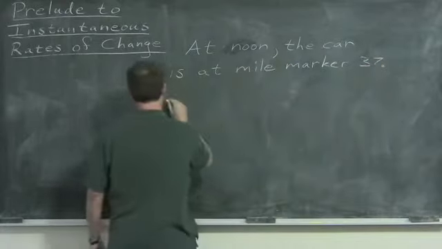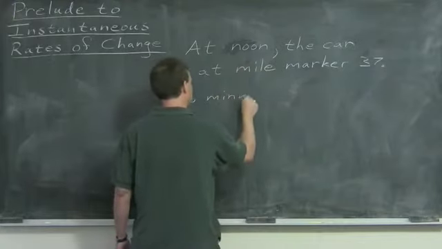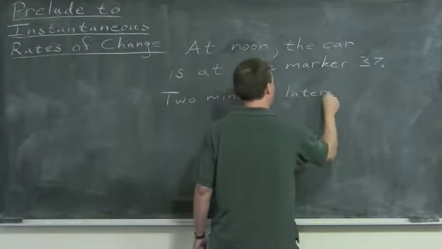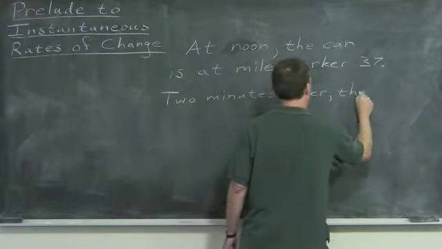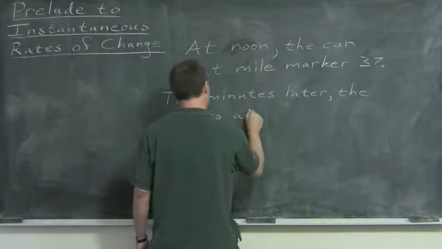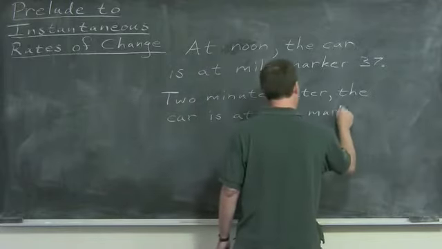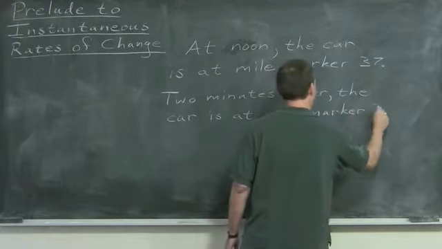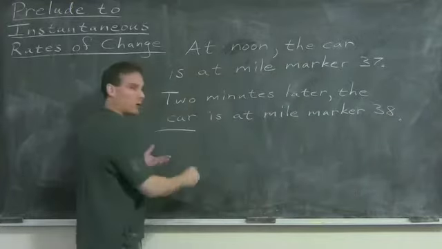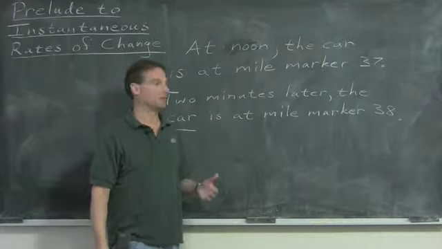Two minutes later, the car is at mile marker 38. And now, my question is, what was the velocity of the car at noon?